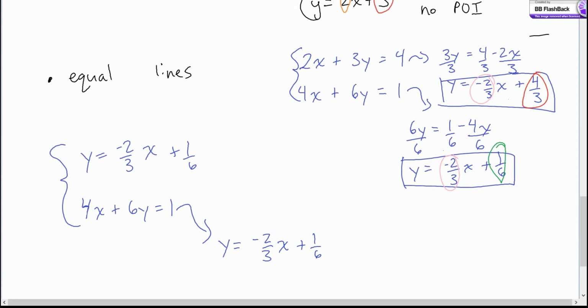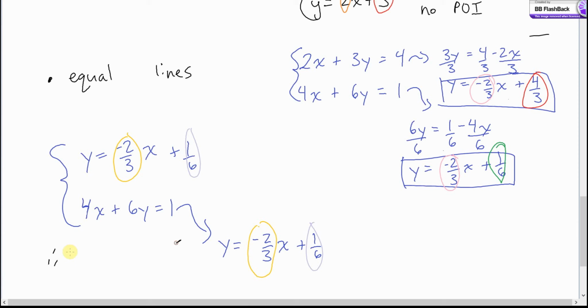Okay, and now we can see that we have the same slope and the same y-intercept. So for this example, it's the same line. They're on top of each other. They always intersect.